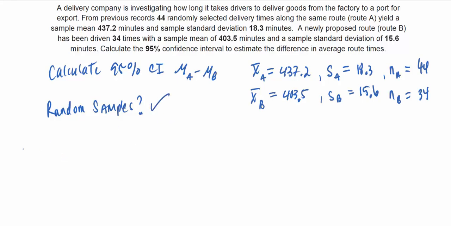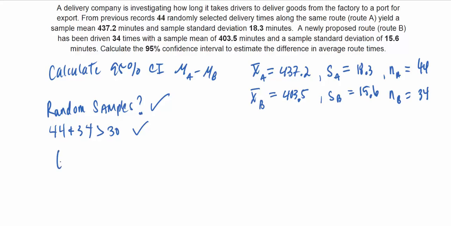The next thing is that we need to have large enough sample sizes. Well, 44 plus 34 is definitely greater than 30. So we have a large enough sample size condition here to calculate the two-sample t procedure confidence interval.